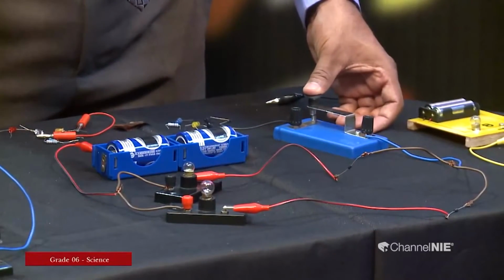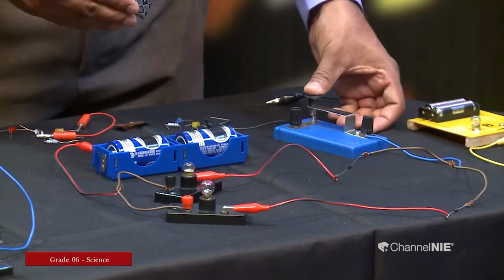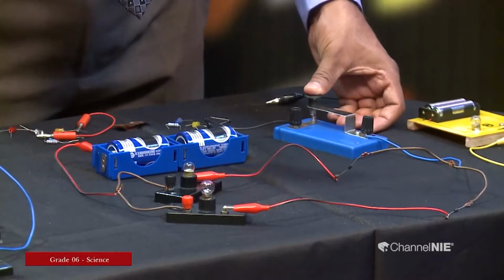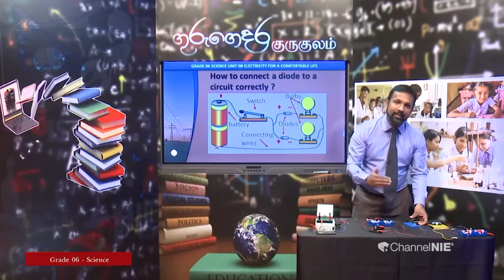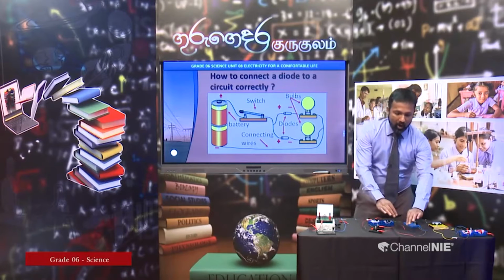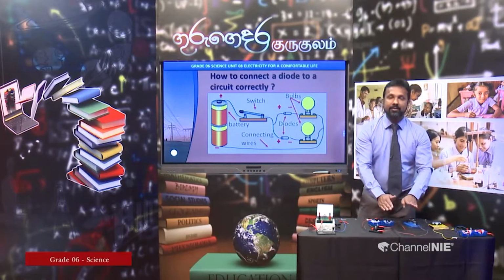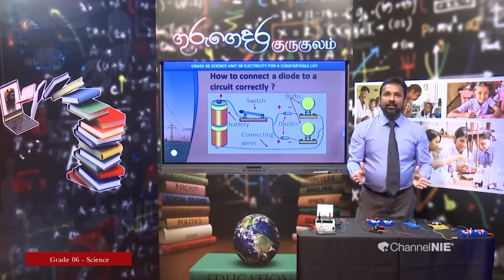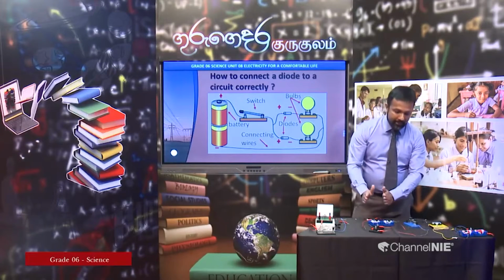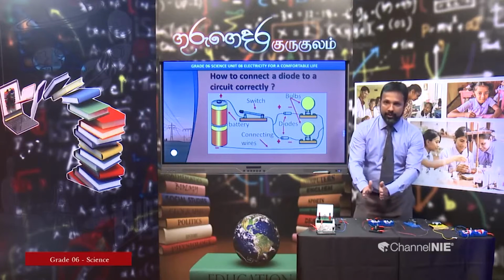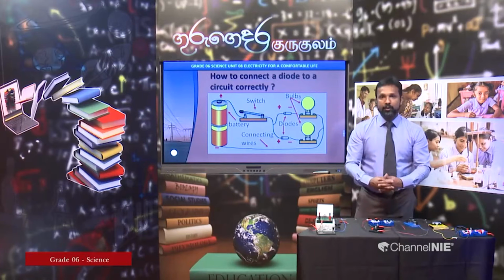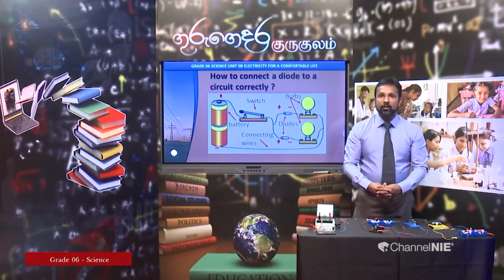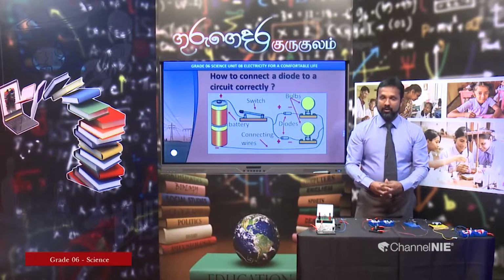The bulb does not light up. You can see. Why is that? That means, my dear children, when changing the terminals of the battery, the terminals of the diode also change. As a result, current does not flow through the circuit. That is why we couldn't observe the glowing of the bulbs.